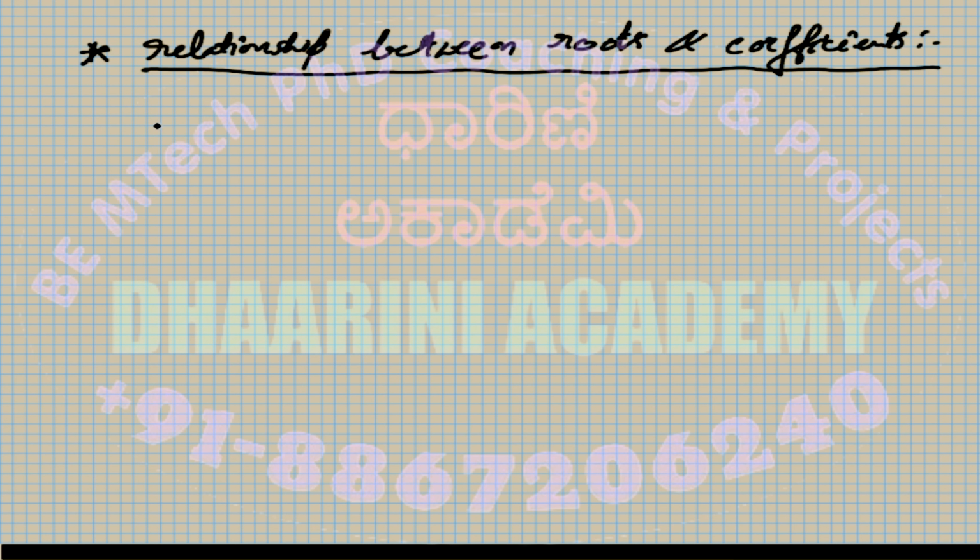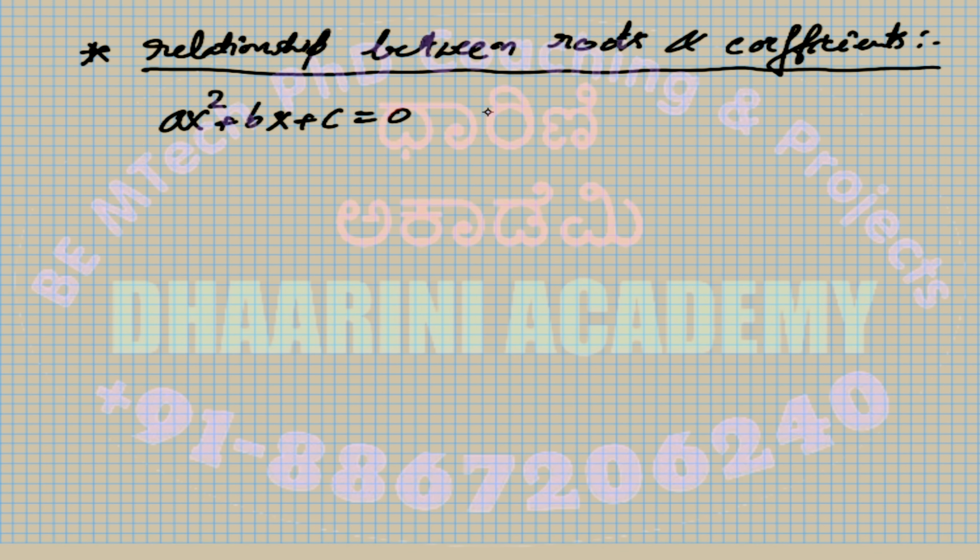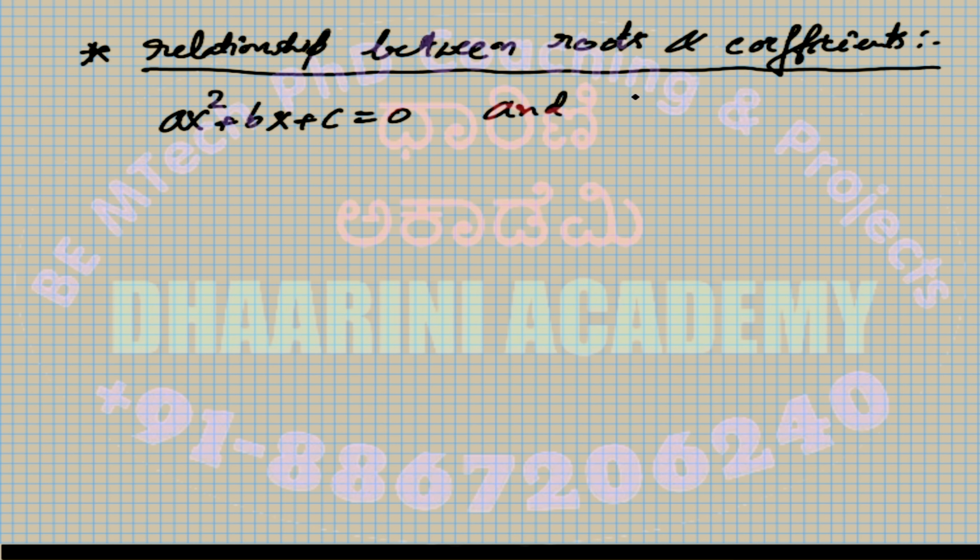Okay, so let us start with the equation, that is ax square plus bx plus c is equal to 0. Let us make sure that a can never be equal to 0. Let us assume that we have roots that are real and distinct.